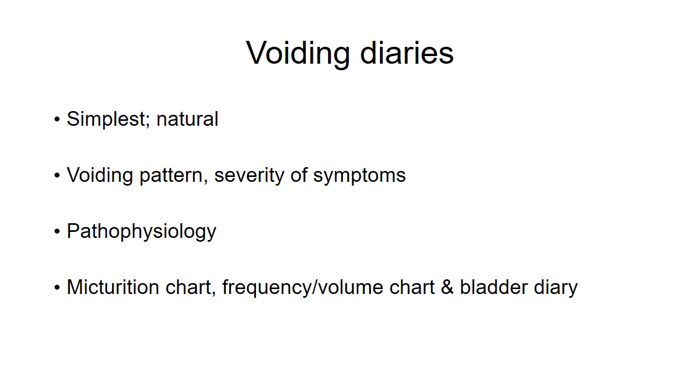The micturition time chart records only the time that the patient voids. There is no volume recording in the micturition chart. Whereas the frequency volume chart records time and volume of micturition. Whereas the bladder diary records the time, volume of each fluid intake, pad usage, incontinence episodes, and voiding.